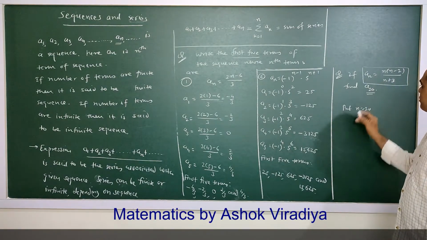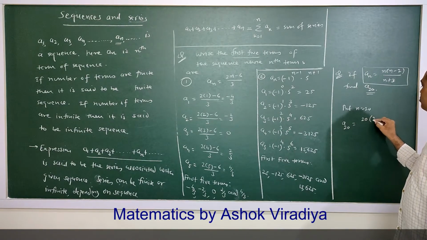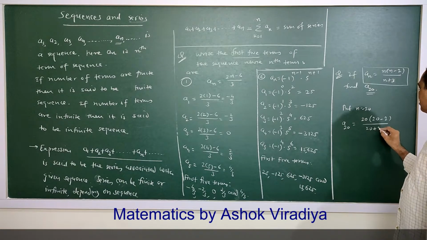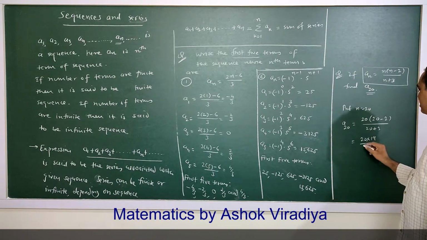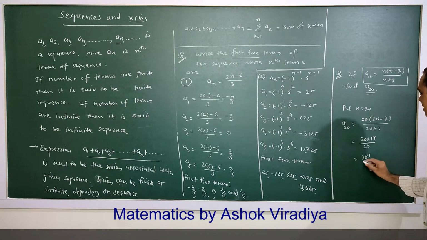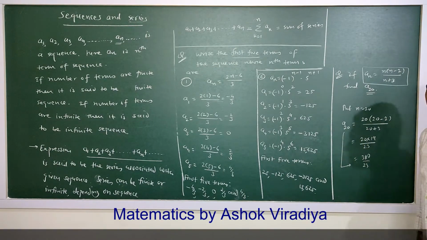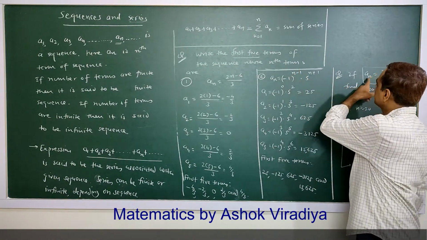So putting here n 20, so it is 20 into 20 minus 2 upon 20 plus 3. So this is 20 into 19 upon 23. So 380 upon 23. So this is 20th term of this sequence whose nth term is given.